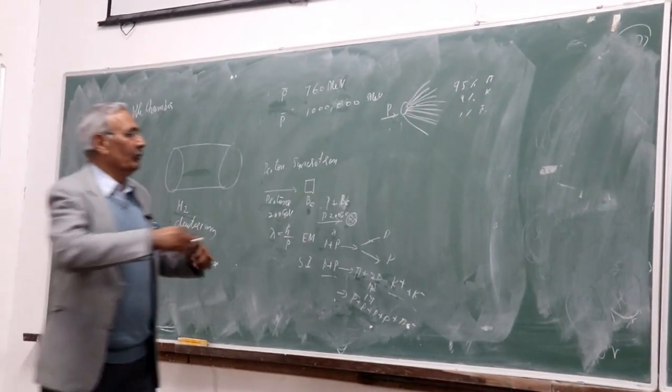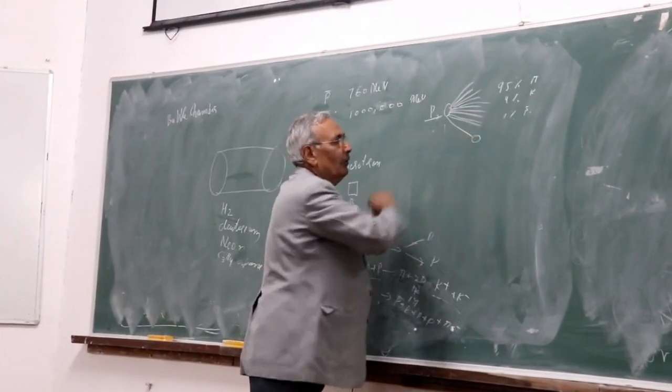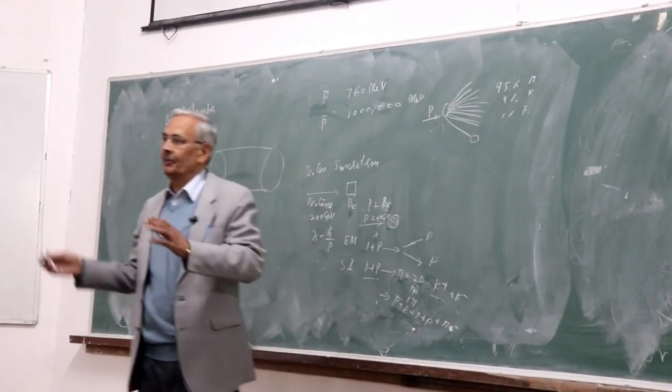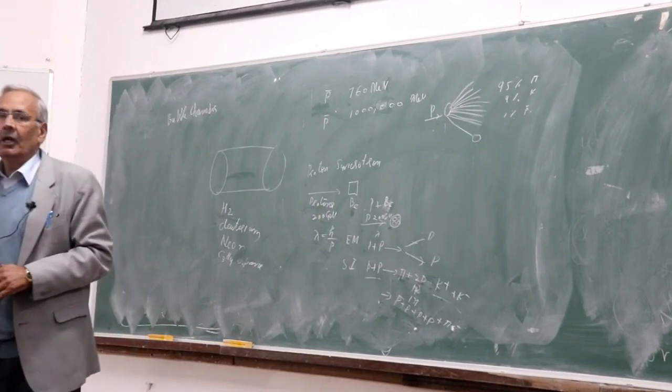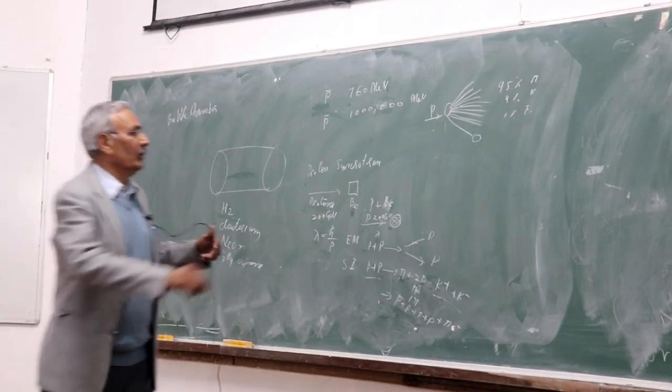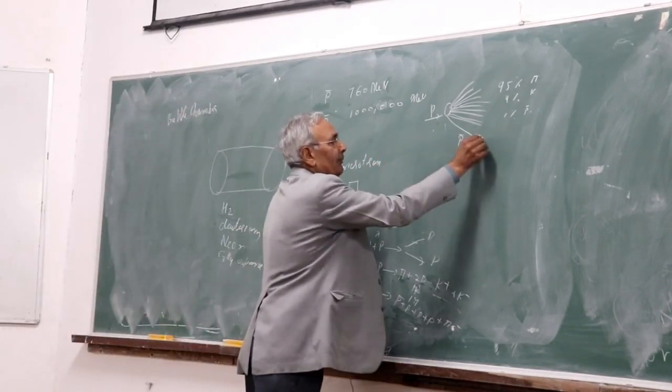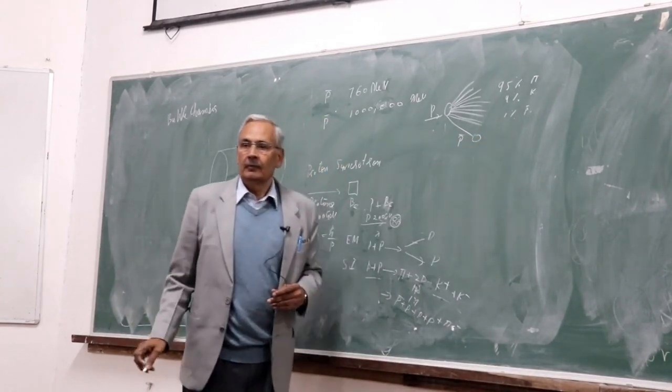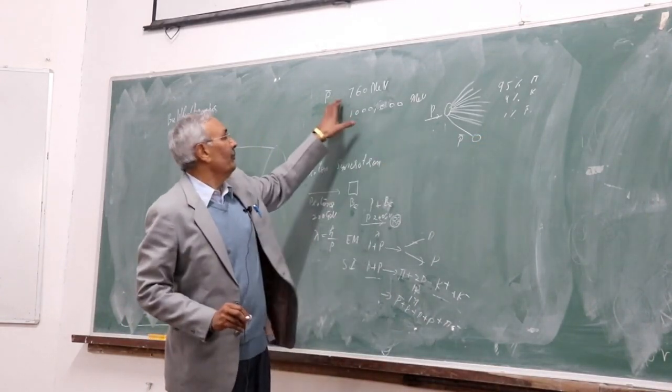Okay? So you separate out that antiproton by a mass separator. A mass separator is nothing but a magnet. Then you have the antiproton separated out, and that becomes your beam.